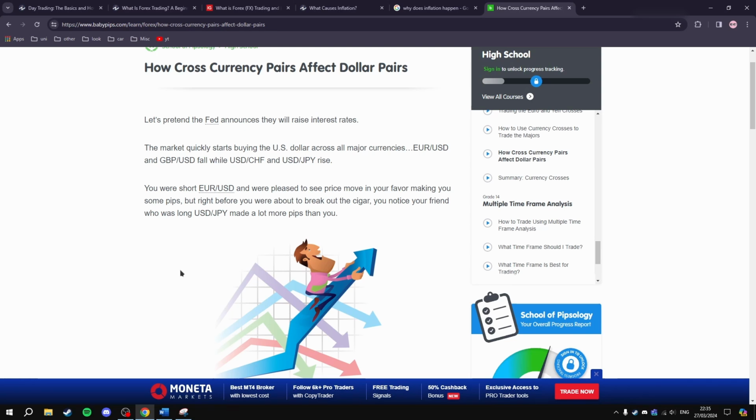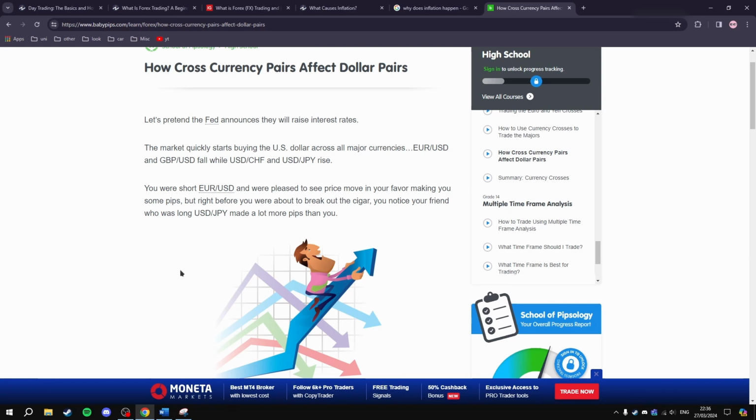So that causes the price of it to fall, whilst USD/CHF and USD/JPY rise. Why does it rise? Because you're using other currencies to purchase the USD, and because USD is in high demand, that means there's not enough.